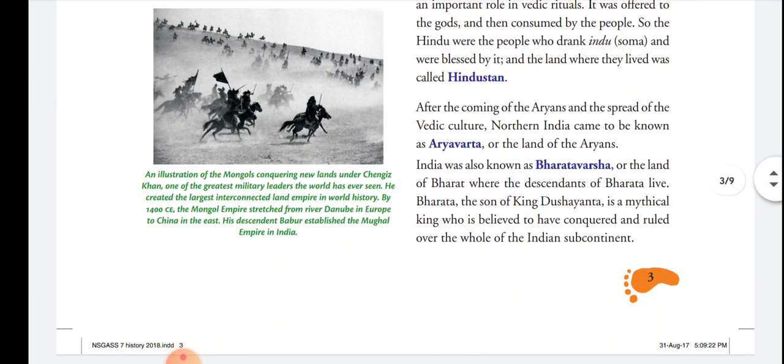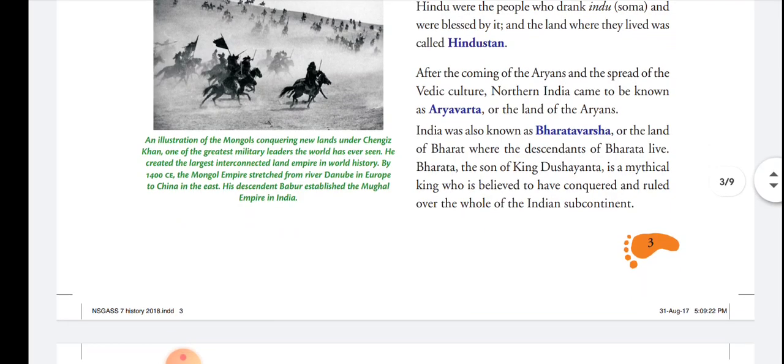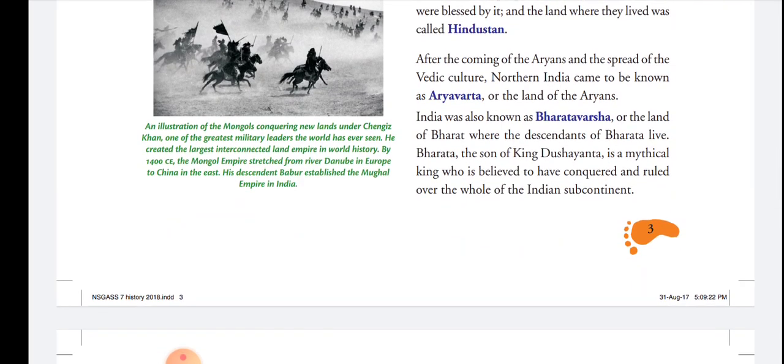Another theory is that after the coming of the Aryans and the spread of Vedic culture, northern India came to be known as Aryavarta, the land of the Aryans. India was also known as Bharatavarsha, or the land of Bharat.